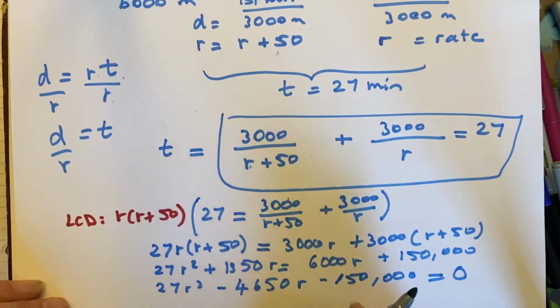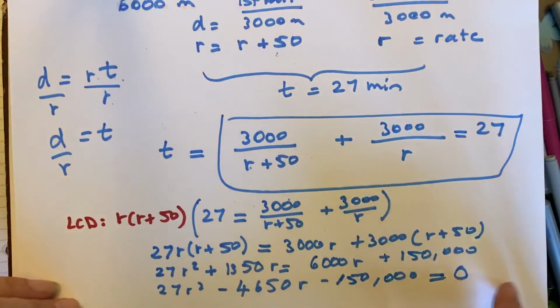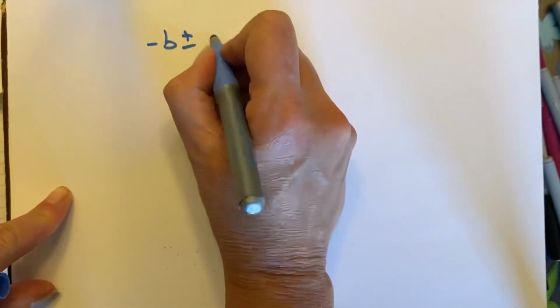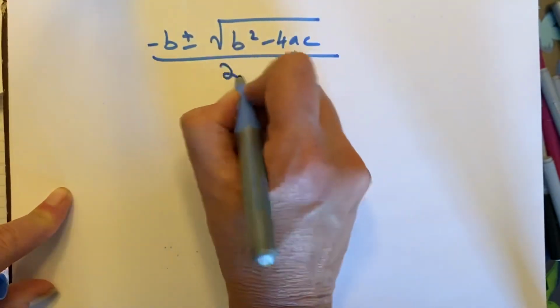The only way to finish solving this problem is to use the quadratic formula. So I'm going to put this aside for a second and just draw my quadratic formula, which is negative b plus or minus the square root of b squared minus 4ac, over 2a.